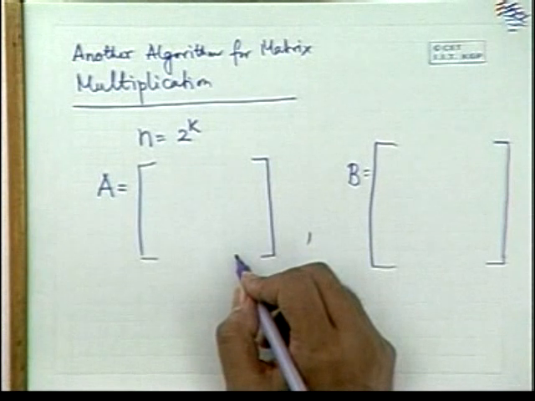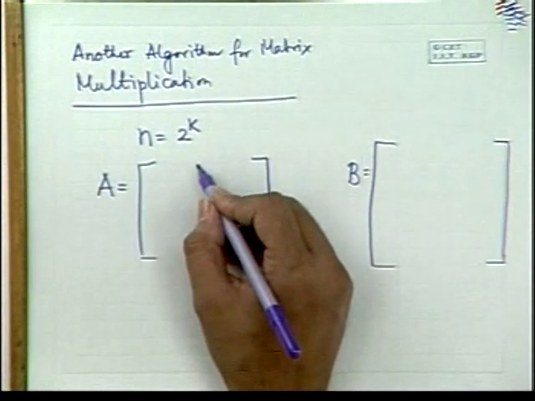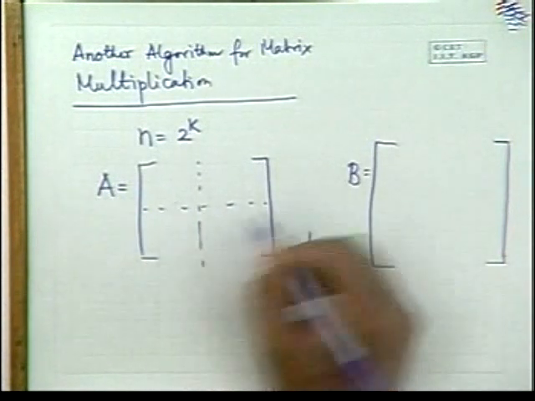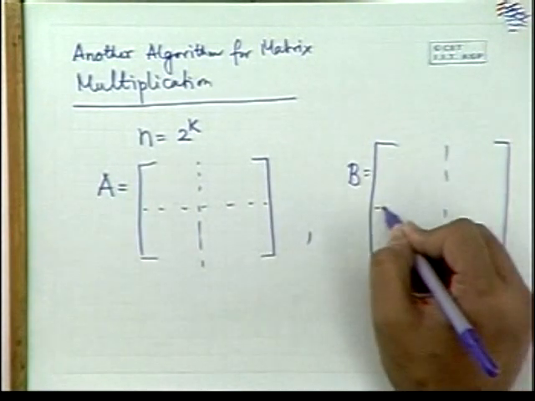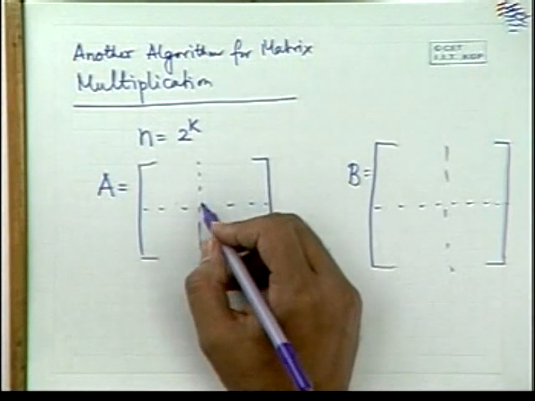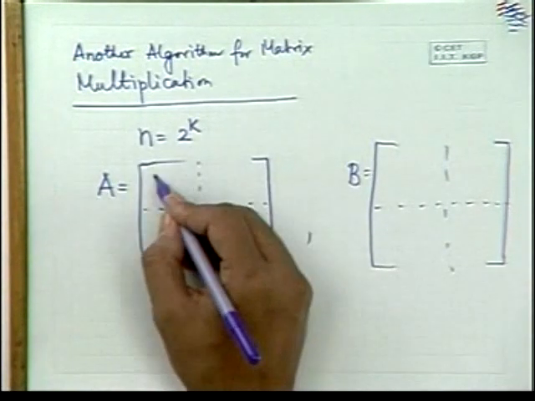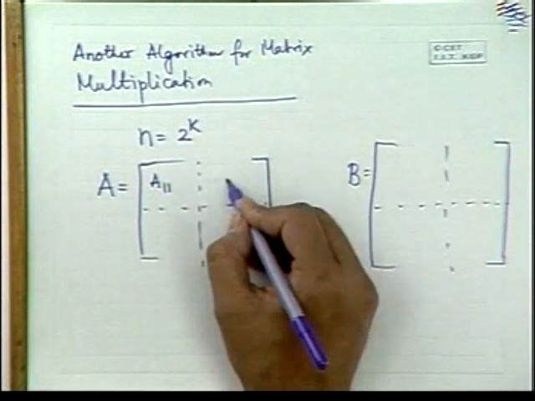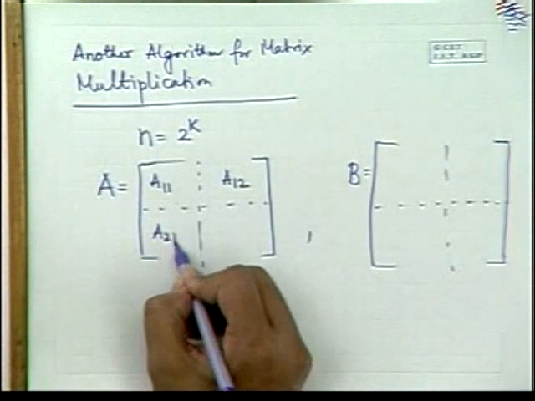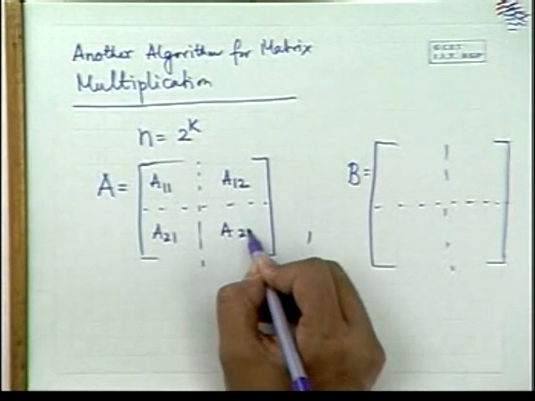Then the first thing we do is to divide this matrix into 4 equal parts. Both matrices, we divide into 4 equal parts. I am calling this part A11, this is A12, A21, A22.